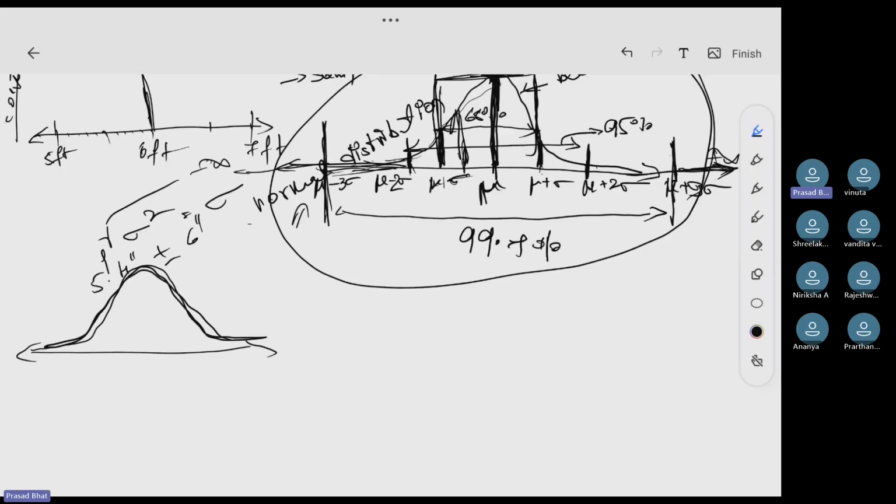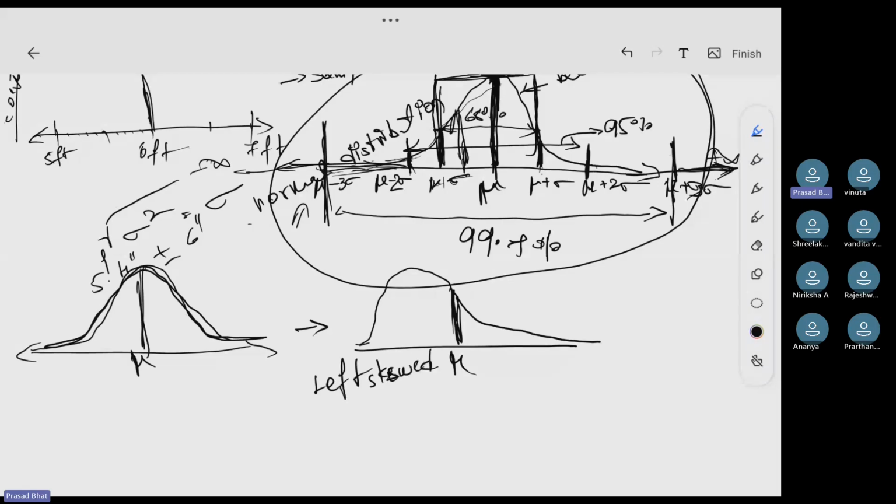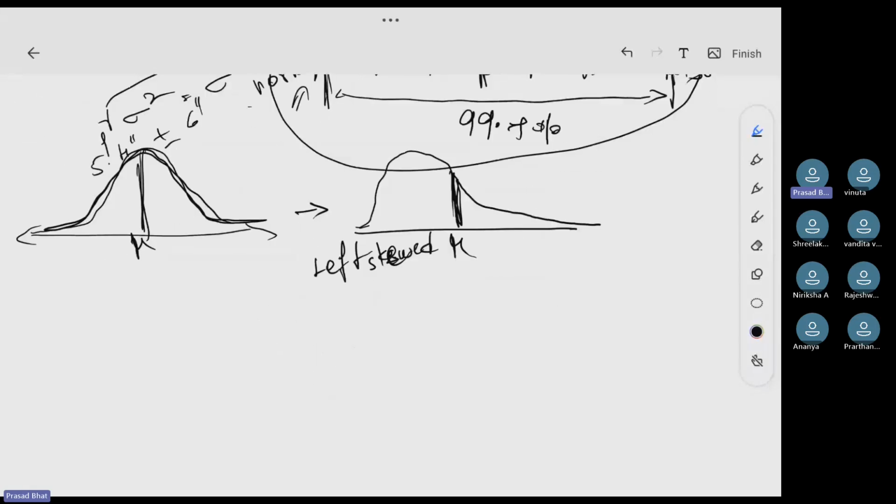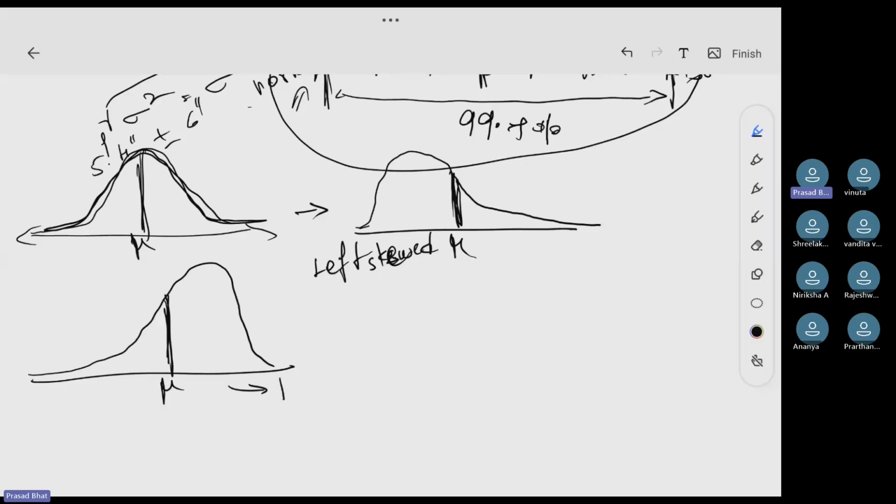This is important. Here there are some distortions. If the data is something like this, and the mu value is somewhere here, whereas in the normal case it is at the center, we call that left skewed. Please remember this. If there is another kind of distortion that looks something like this, with the mu value somewhere here, we call this right skewed.